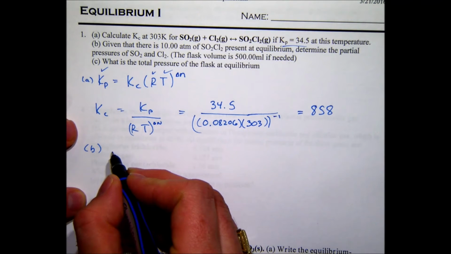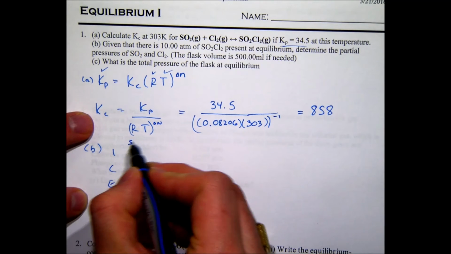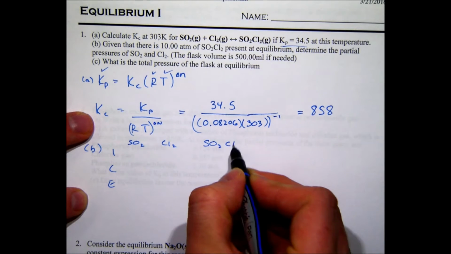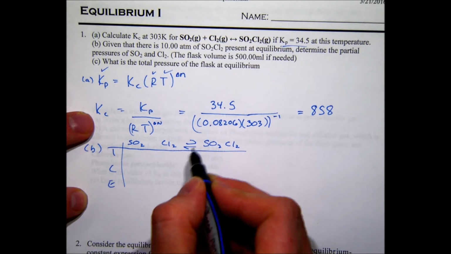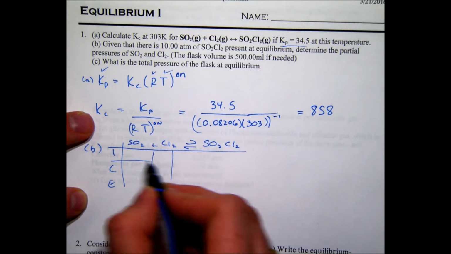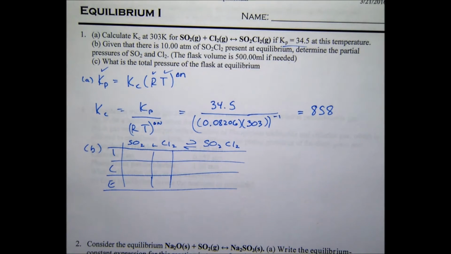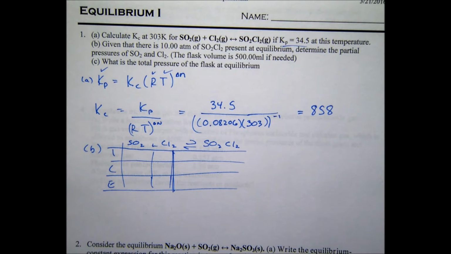So we're going to want to use our ICE box here, so just write your equation over it. Sometimes it's useful to do a double line separating reactants from products.